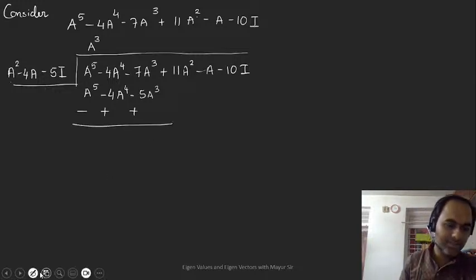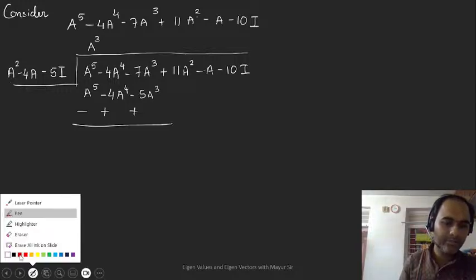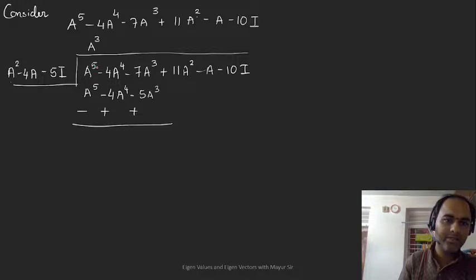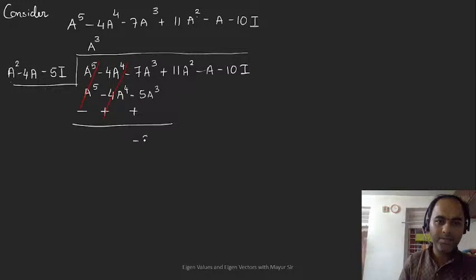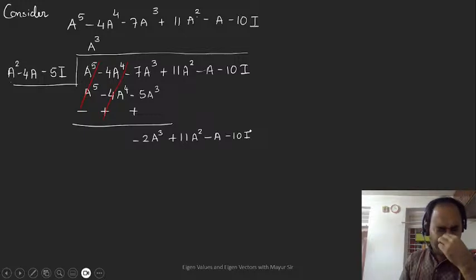On cancellation these terms get cancelled. What remains is minus 2A cube plus 11A square minus A minus 10I.